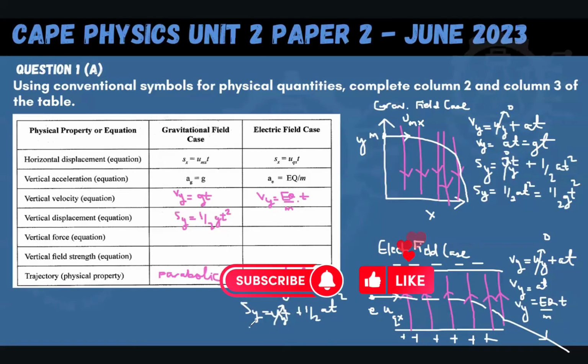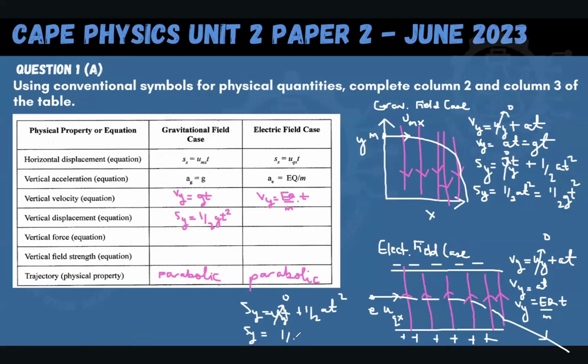So that goes away and we're left with Sy is equal to half AT squared, and the A in this case is EQ over M, right? So it's half EQ over M T squared, right? So that is my vertical displacement for the electric field case. So we can just write that there.